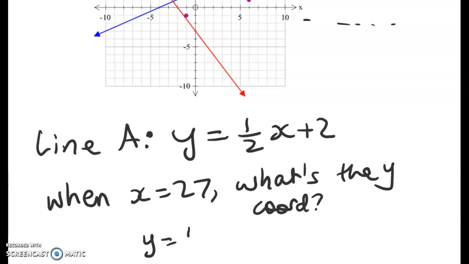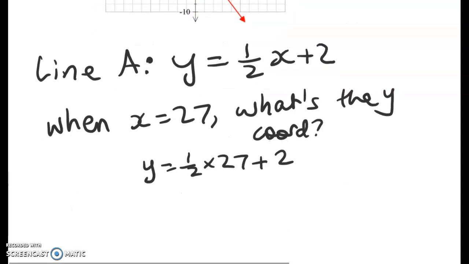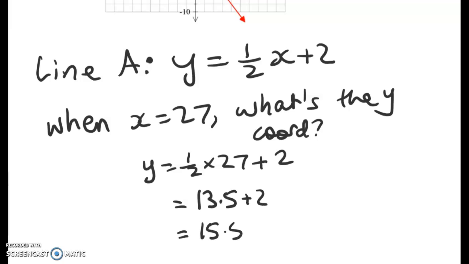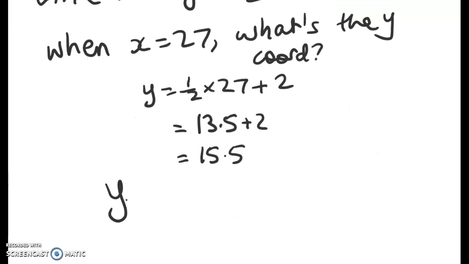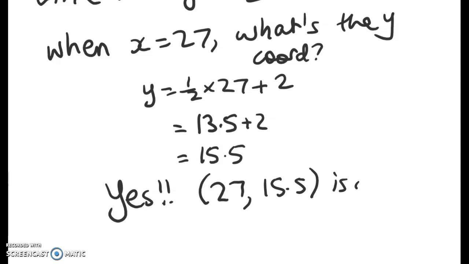So y is equal to 1/2 times 27 plus 2, which is 13.5 plus 2, or 15.5. So yes, 27, 15.5 is on line A.